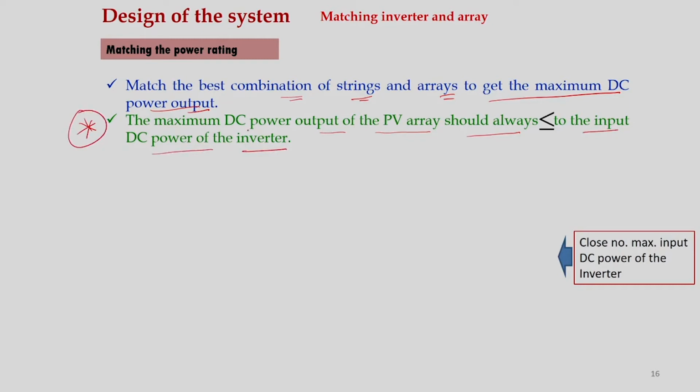So, we have calculated the maximum power output, I will write P max, and that DC power is always less than the input power of the inverter. In our case, the input power of the inverter is 280.